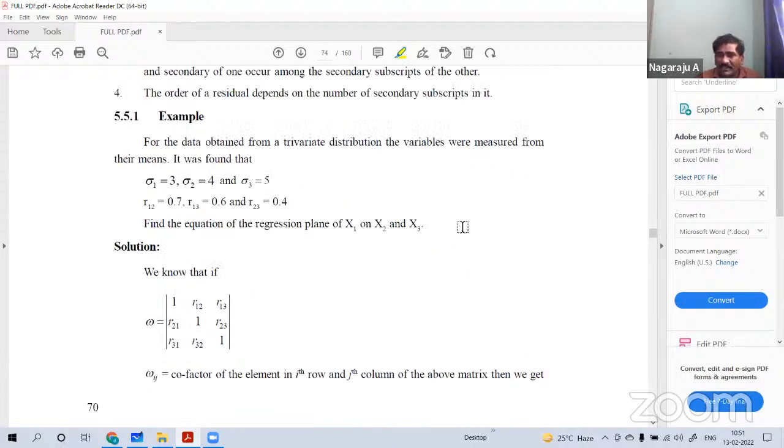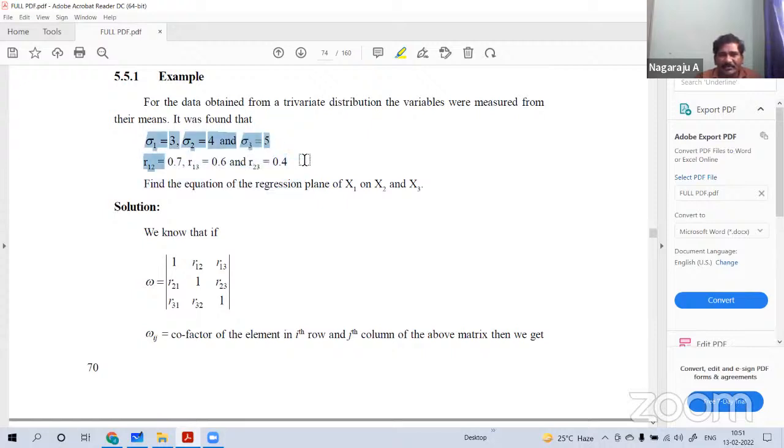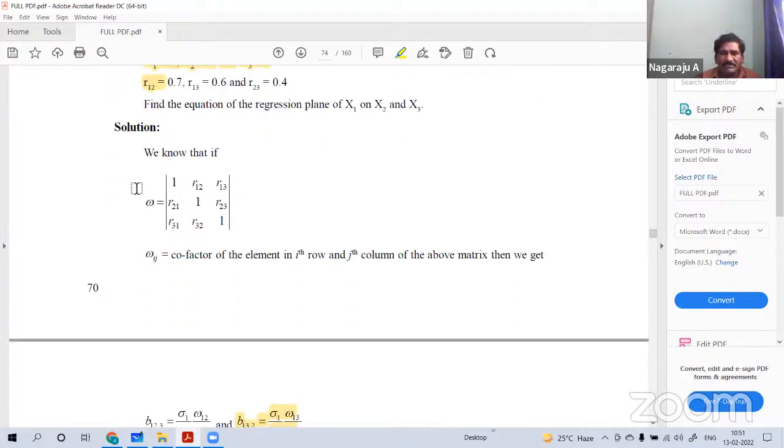Alamma, Nilofer, understood, or shall I explain on the board? Understood. Okay. Here sigma 1, sigma 2, sigma 3 he has given. R12 is 0.7, R13 equals 0.6. So this is the data he gave. Now, what I want to find out here: W, I should take, this is a general formula, note that you should remember.